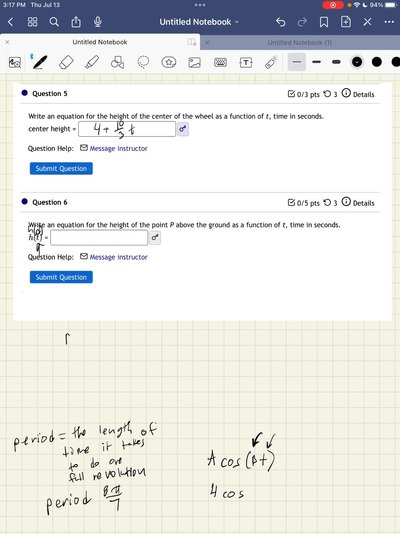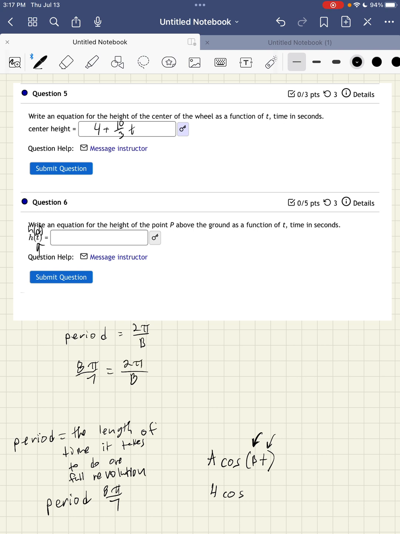So now I write the period is always equal also to 2 pi over b, and this is how we're going to go about finding our b. So the 8 pi over 7 is equal to 2 pi over b.